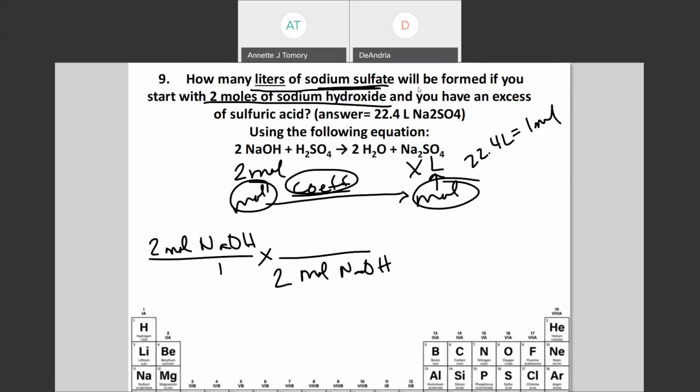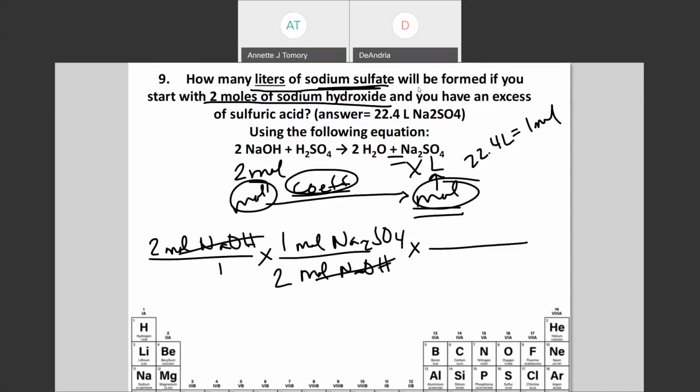Okay. We're trying to get to the Na2SO4. What's the coefficient of that? 1. So 1 mole of Na2SO4. Now that we've used our coefficients, we're not going to use those again. The moles of NaOH are canceled out. We're trying to get to liters. We have moles of Na2SO4 on the top.